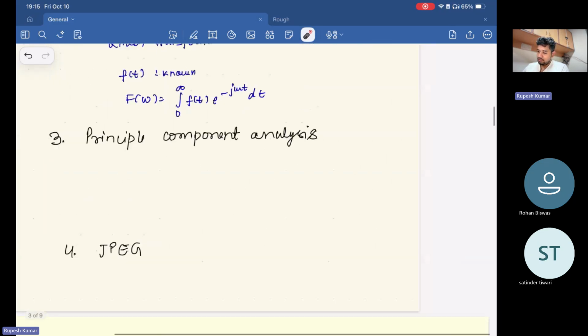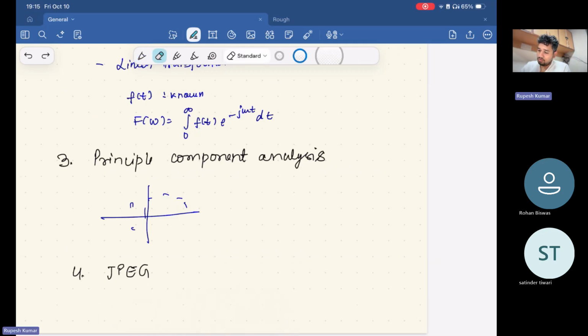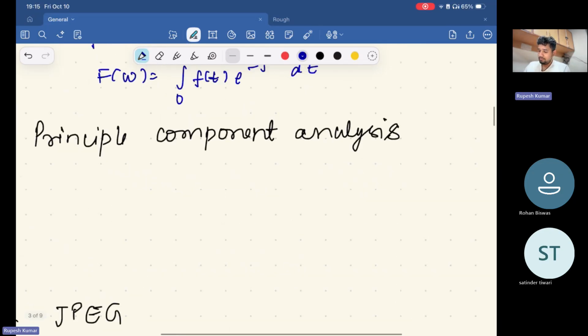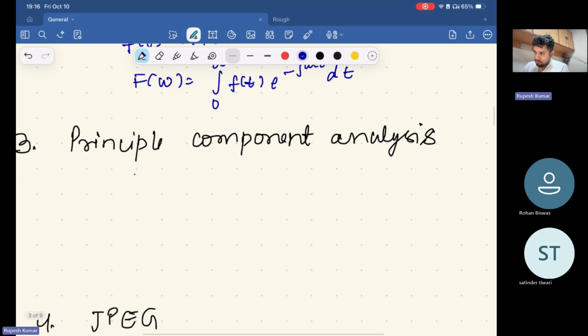And the last concept that I'm interested in is principal component analysis. It just says that, let's say you have a set of data points. A good example would be, let's say I have some statistical data, house pricing information.